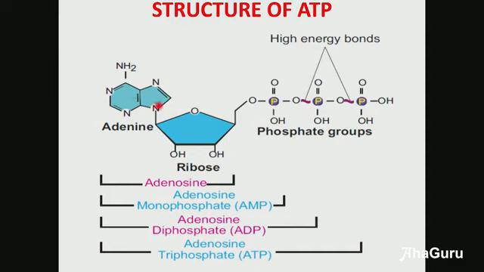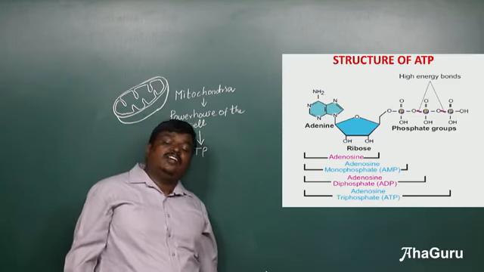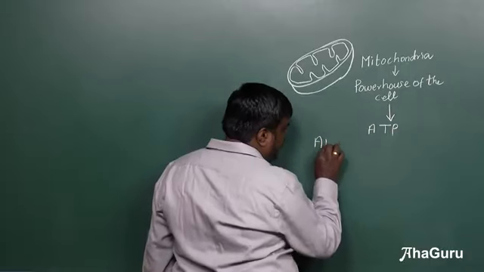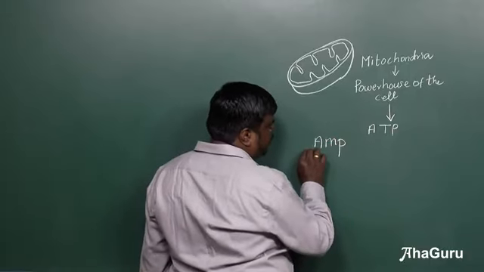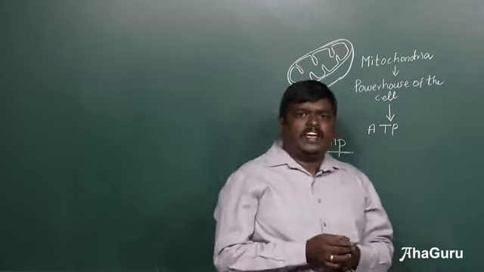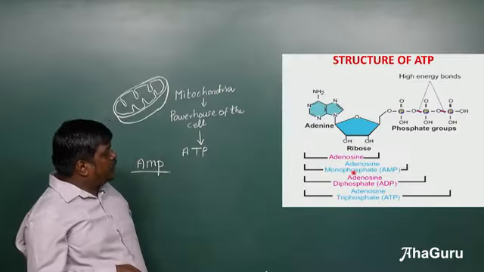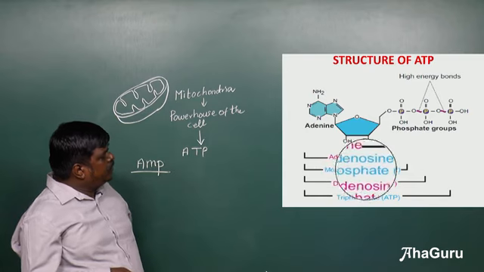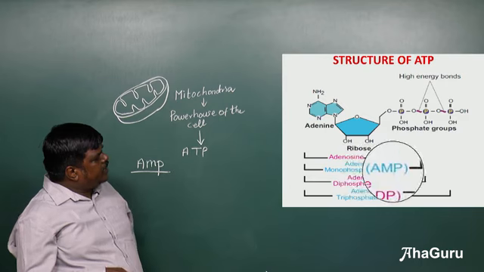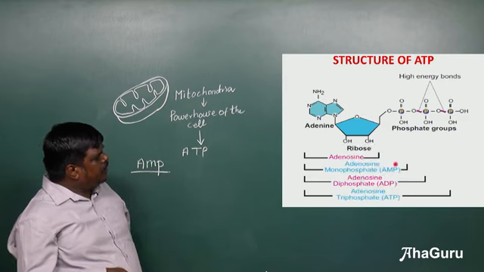For example, if there is an adenine nitrogenous base, a ribose sugar and only one phosphate group, it is called adenosine monophosphate, AMP.